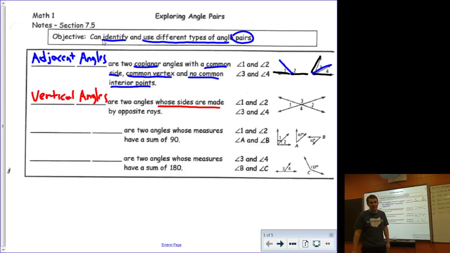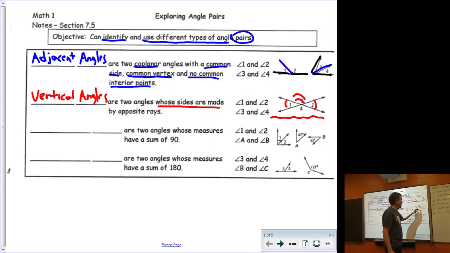Basically, vertical angles are made when 2 lines cross, and they're the angles that sit opposite each other. So angle 1 and angle 2 are vertical angles. They're made by crossing lines, and they're the angles that sit across from each other. And angle 3 and angle 4 would also be vertical angles from each other.